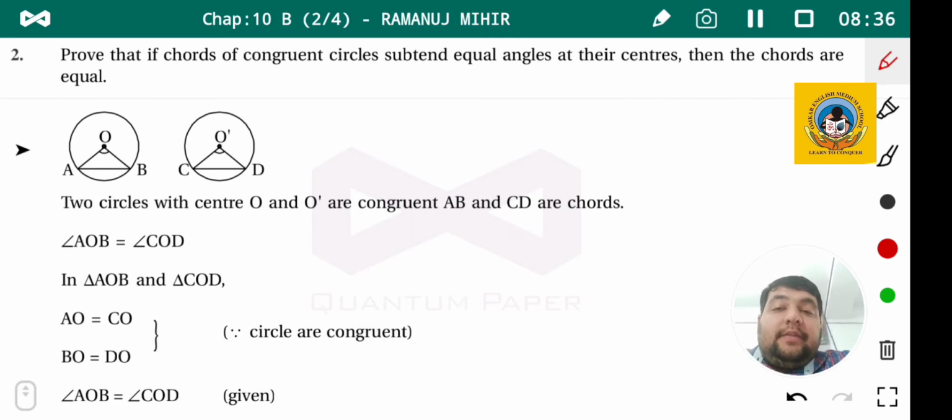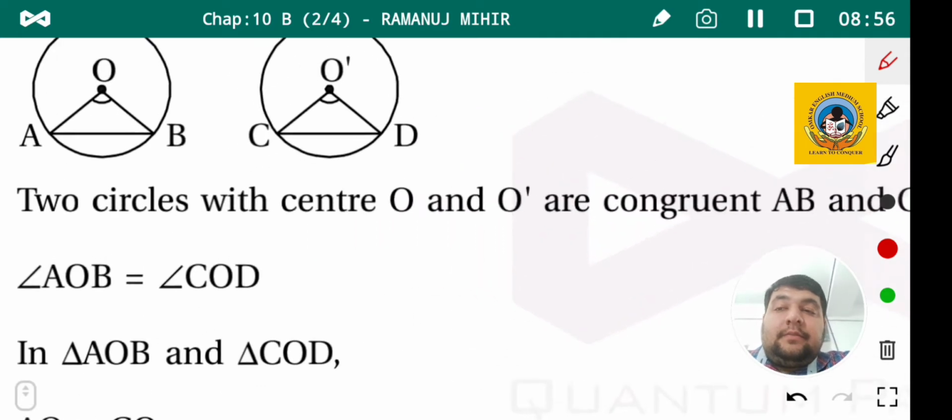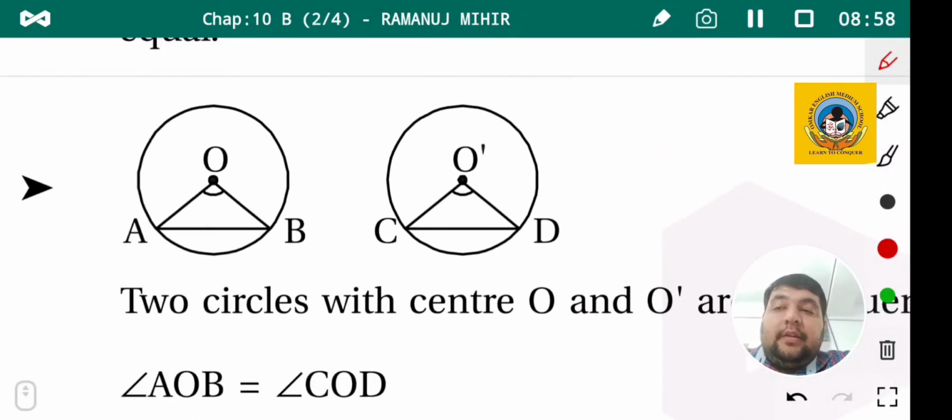So in the first question, what have we done? We have proved that equal chords make equal angles at the center. Now the inverse statement that is given: if the angles subtended by the chords at the center, this angle and this angle in the figure, are equal, then the lengths of chords AB and CD will be equal.